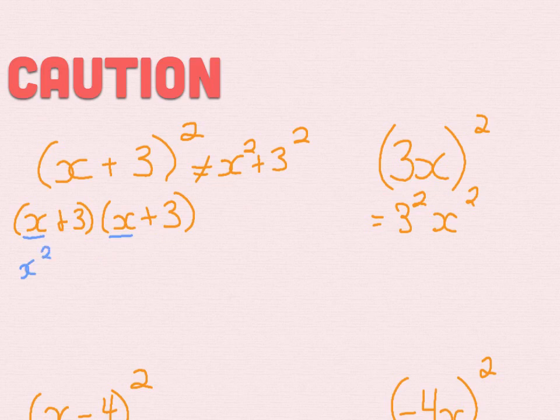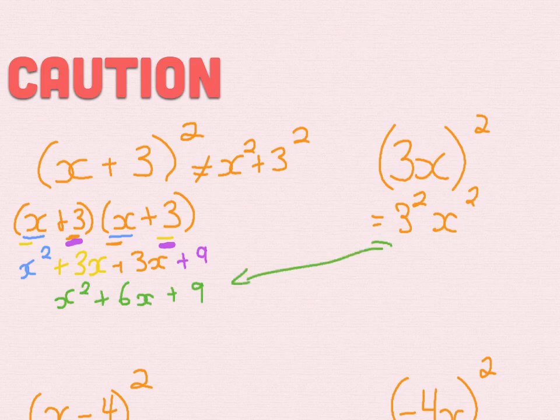We do our outers, so x times 3, which is 3x. We then do our inners, which is, again, 3x. And then we do our lasts, which is simply 9. By adding our like terms, we get x squared plus 6x plus 9.